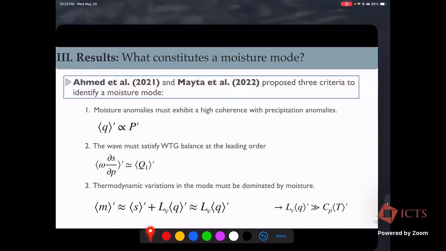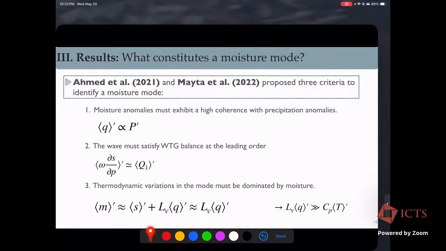The second condition says that to be classified as a moisture mode, the WTG balance, the weak temperature gradient balance, should be true at leading order. And the third criterion says that thermodynamic variation in the mode must be dominated by moisture. So if you, for instance, calculate the moist static energy, the moist static energy variation should be explained by the moisture variation.